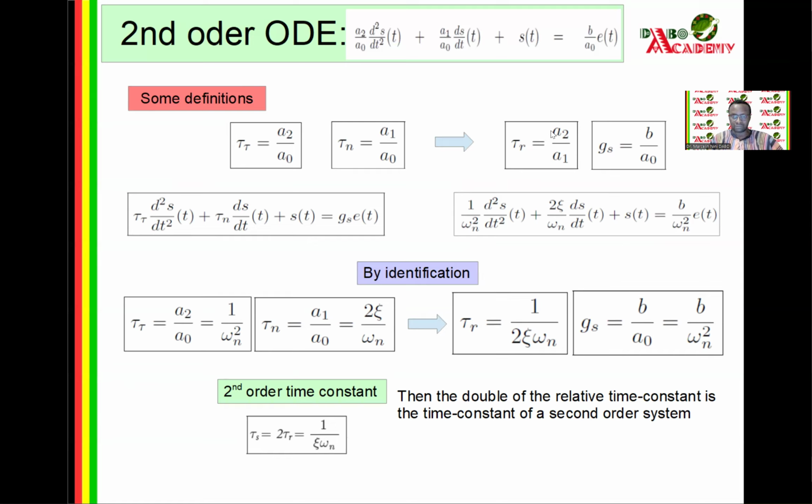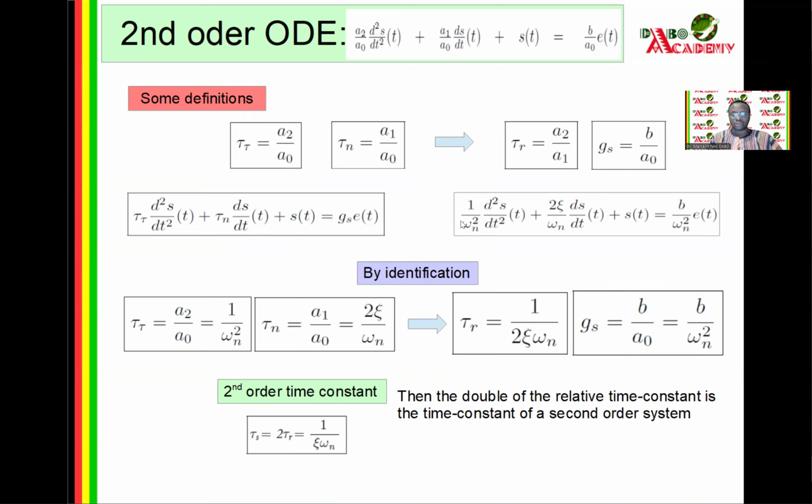It is this one. This relative time constant is very important for us for the next step. This is a static gain, as you have seen. From these definitions, we rewrite this expression: tau tau times the second derivative plus tau n times the first derivative plus s of t equals static gain multiplied by the input.